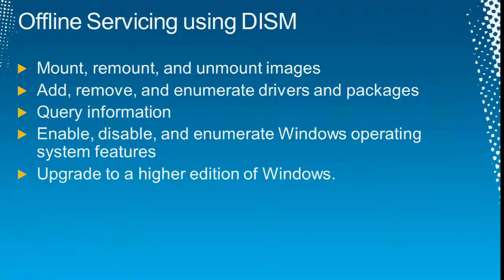We can actually use either DISM or ImageX to mount a WIM file. To be able to mount a VHD file, we need to have the old boring diskpart utility, of course, otherwise that doesn't work. We can add drivers, we can remove drivers, some of them.